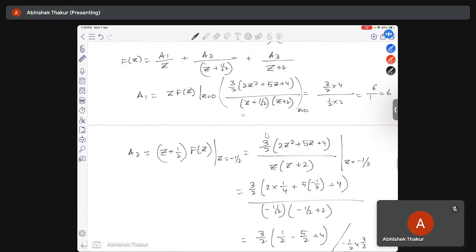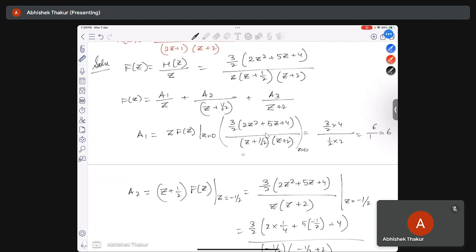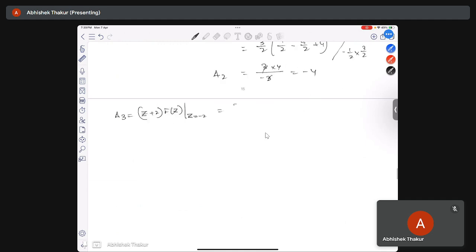So it is 3/2 (2z² + 5z + 4) divided by z into (z + 1/2).